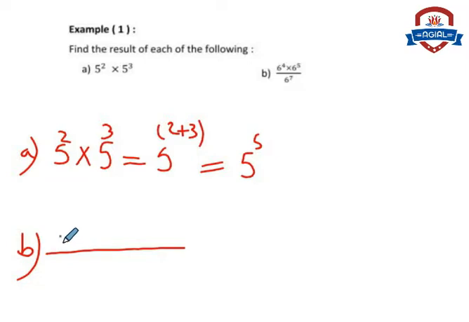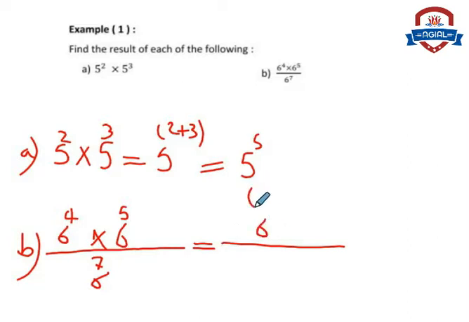So 6 to the power of 4 times 6 to the power of 5 equals 6 to the power of 4 plus 5, which is 6 to the power of 9, over 6 to the power of 7.